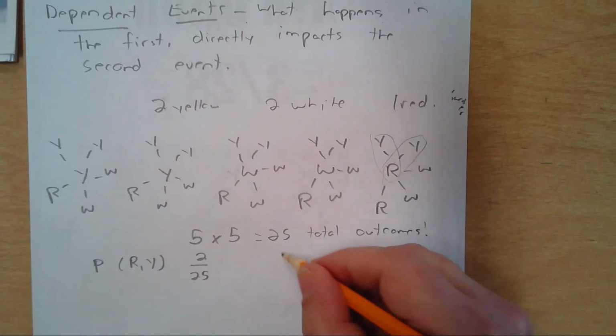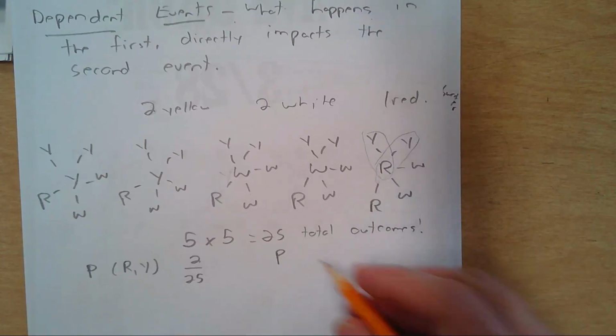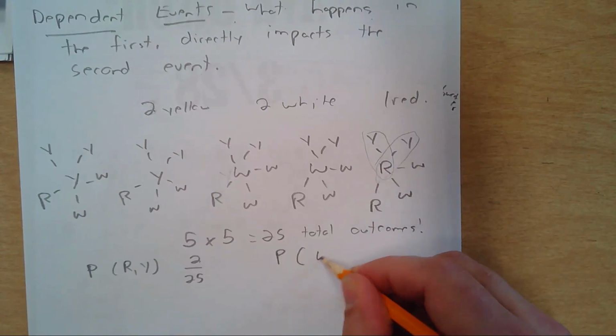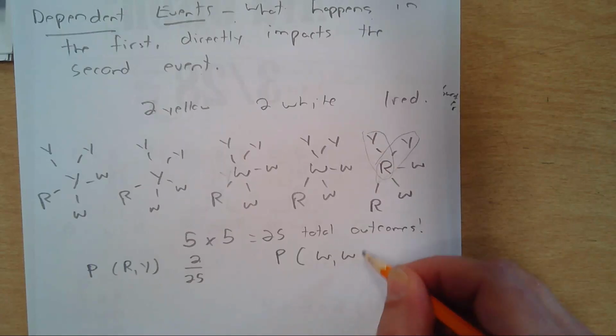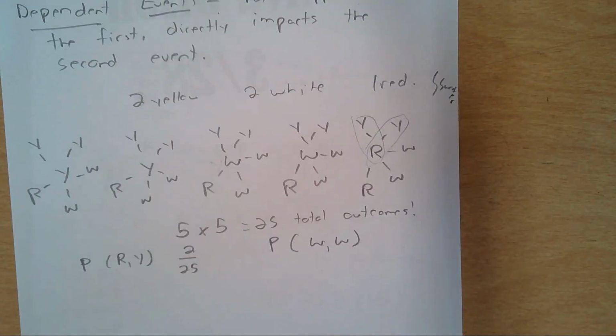What if I said the probability of getting a white and then another white? 8/25? No. 2/25? 4/25. Where are my winners?